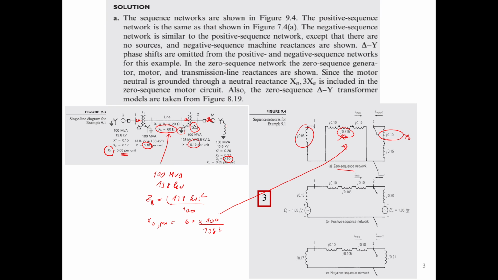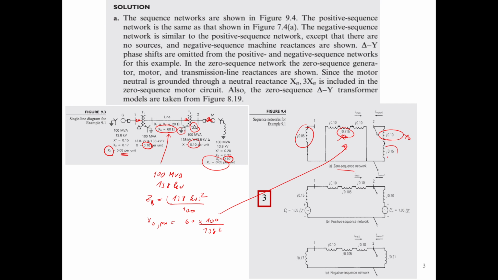And since this is solidly grounded, right? You remember, if we have the ground, since there is a ground, then the current will flow. Since it is unbalanced, it will flow through the ground. So the X0 is essentially three times the Xn.